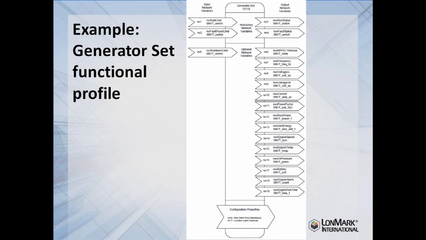But to take this even one step further, the functional profile defines a set of mandatory network variables. And on the left-hand side, you have these mandatory input network variables on top, and then below that, also an optional input network variable.